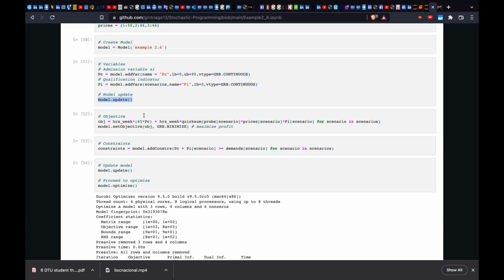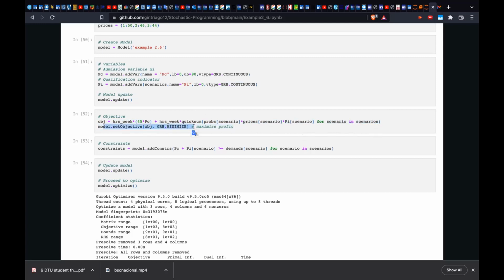We update the model and define the objective. The first term corresponds to the cost for the contract, and the second term corresponds to the cost for each of the scenarios. I'm using a quick sum, multiplying probability, price, and PI as we saw in the PDF for each of the scenarios.